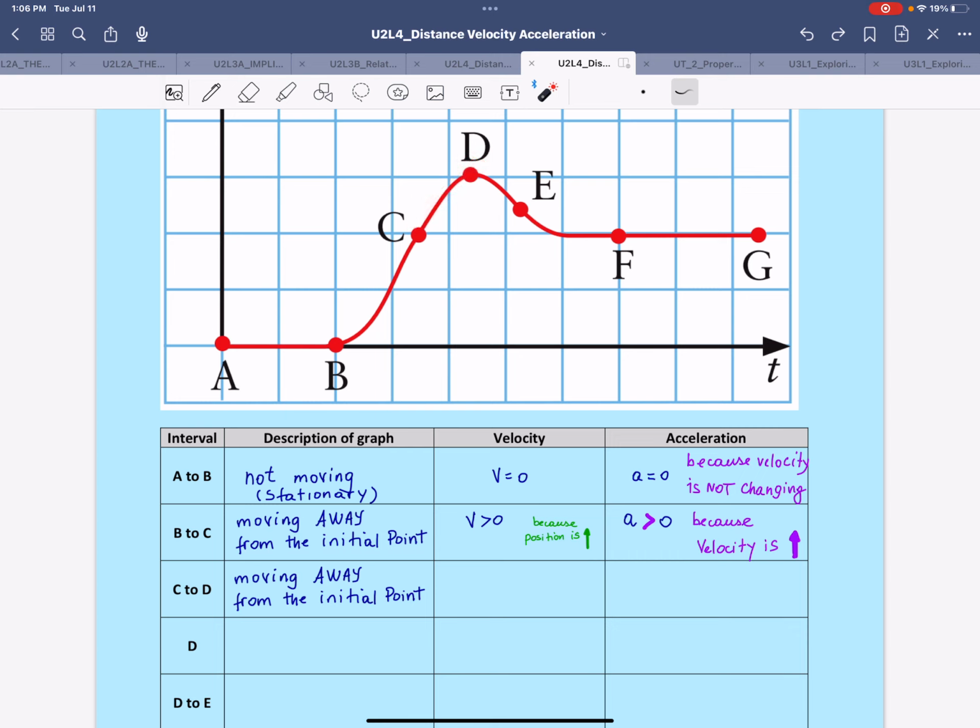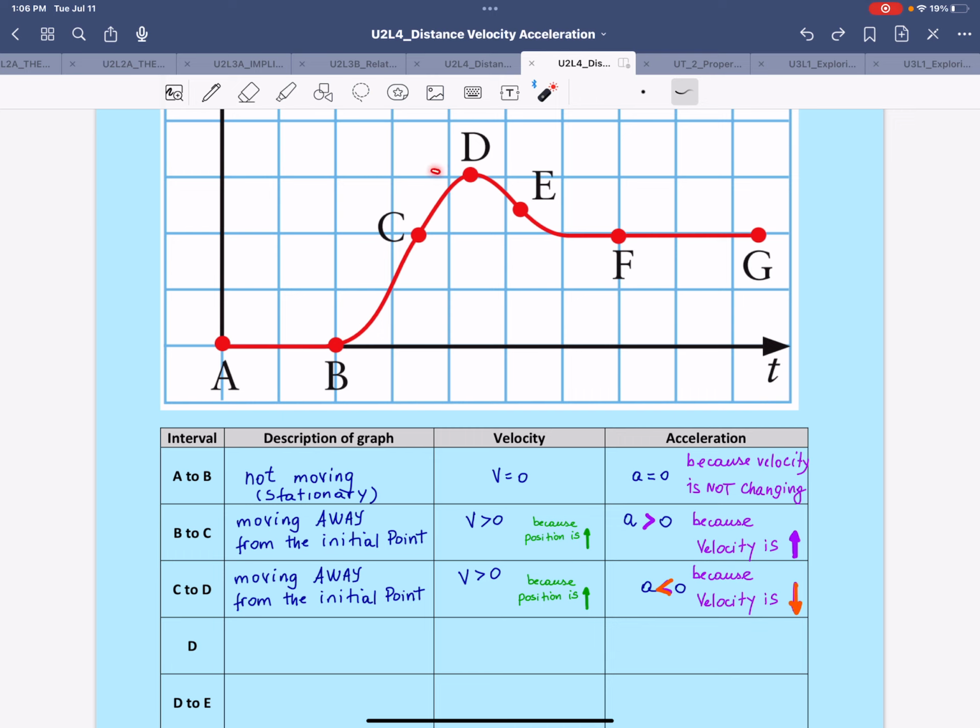So from C to D, velocity is positive because position is increasing. Now, when you look at the slope of the tangent, or velocity, as we go left to right, remember we always read graphs just like we read books in English, left to right, velocity is positive, but it's getting smaller and preparing to become 0 at D. That tells us that the rate of change of velocity is negative, or in other words, acceleration is negative because velocity is decreasing in value.